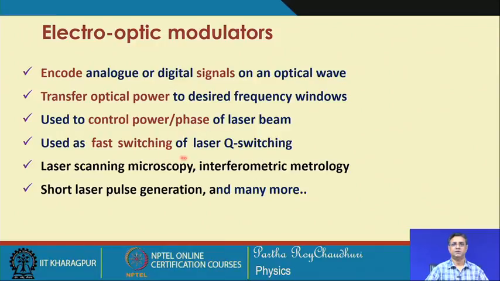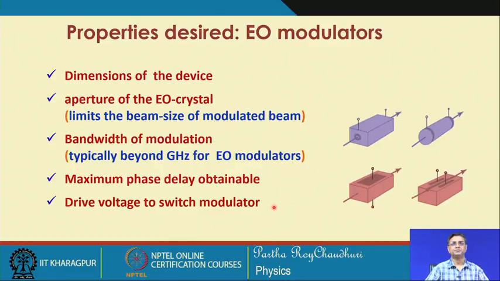These are being used for many years for Q switching of laser beams, laser scanning microscopy, and interferometric metrology. Modulators are also very widely used in laser pulse generation, and there are many more to list.